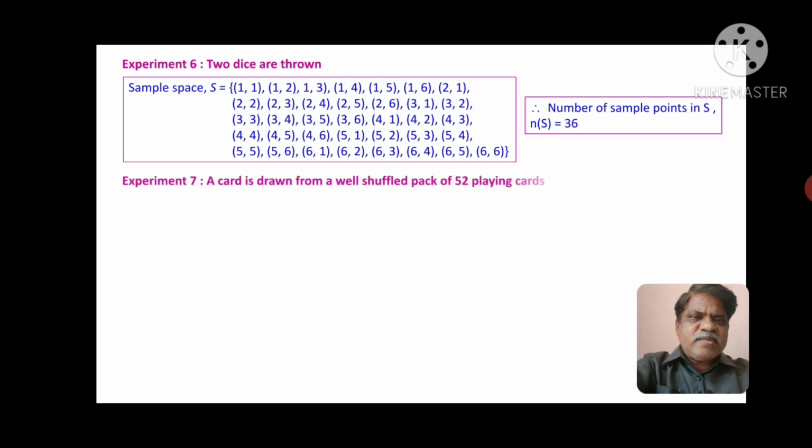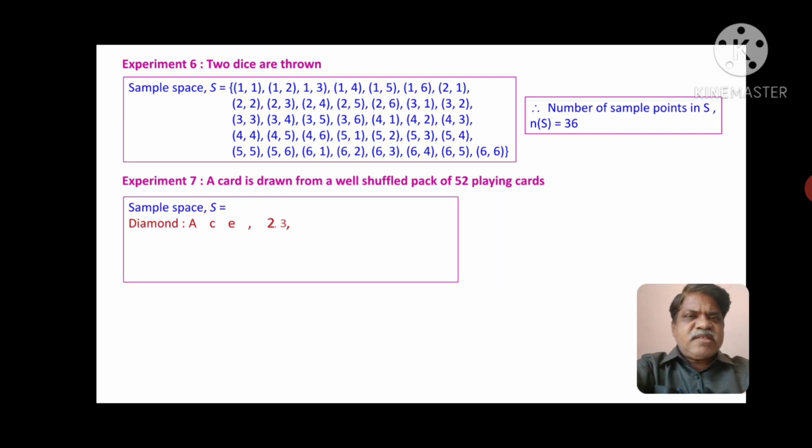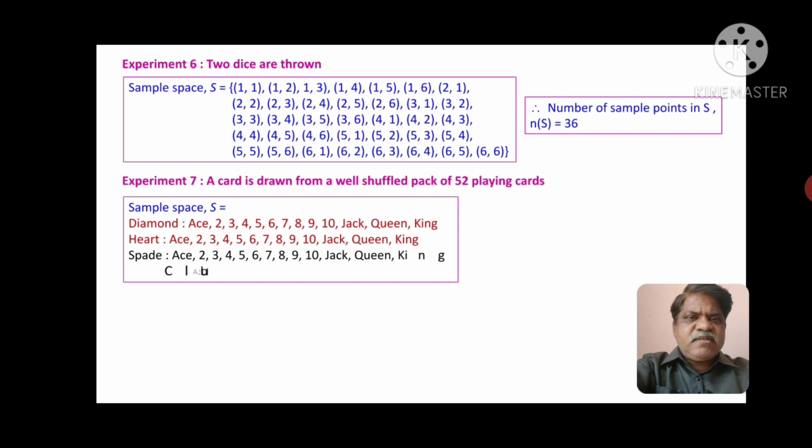Now, let us take experiment 7. A card is drawn from a well-shuffled pack of 52 playing cards. Friends, here the sample space S consists of diamond, heart, spade and club. These are the 4 different types of playing cards.